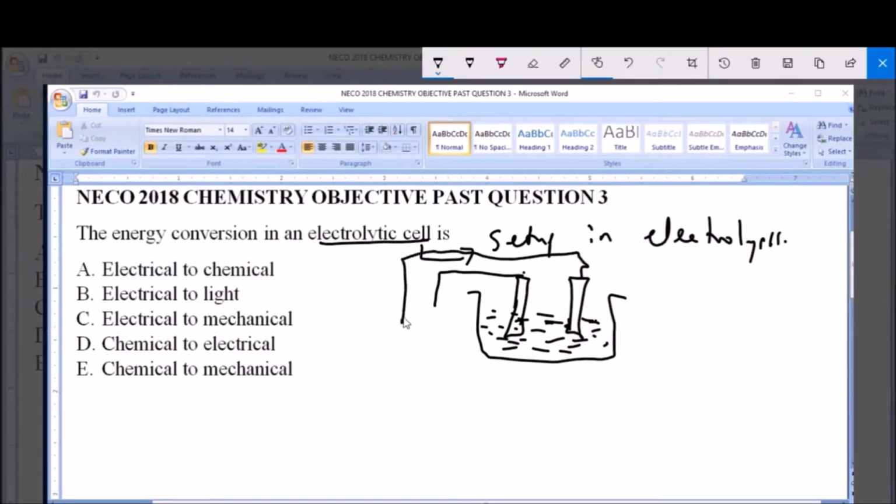You have the two electrodes connected to a power source. So this is what the setup kind of looks like. You have the power source, you have the electrodes, and you have it in an aqueous solution of a salt.